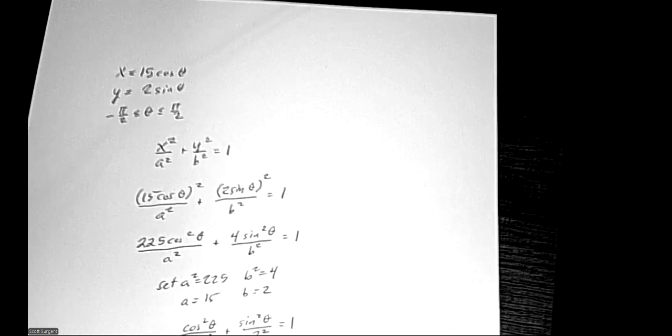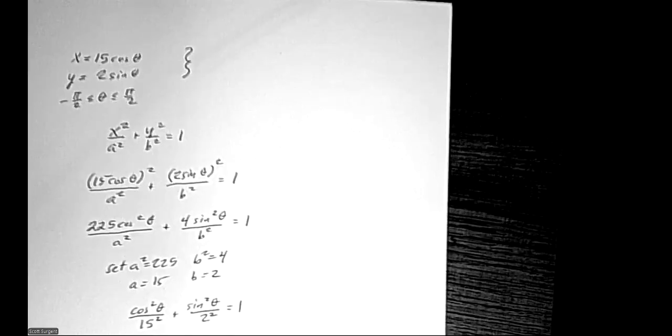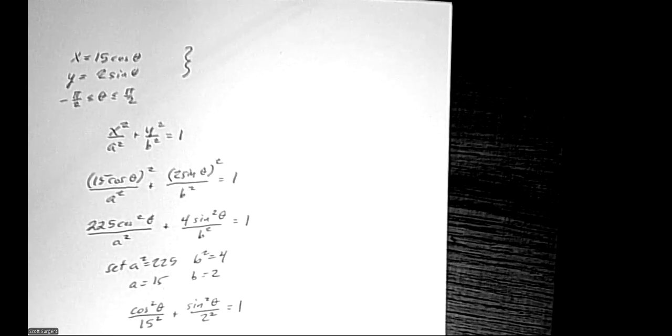I know the way they explained it in the Get Help, and I think the other ones, is that they wanted you to solve for cosine of theta and then square, and then substitute cosine theta with x over 15, then do that squared plus the sine squared equal 1.